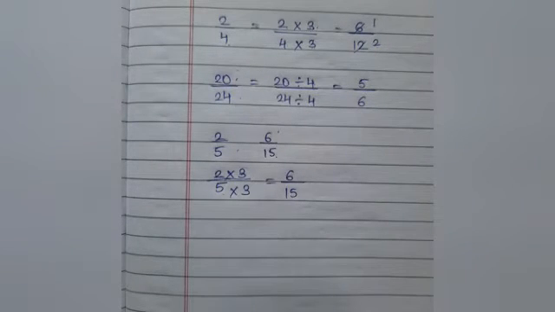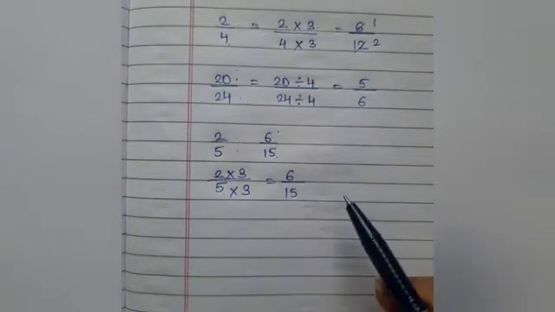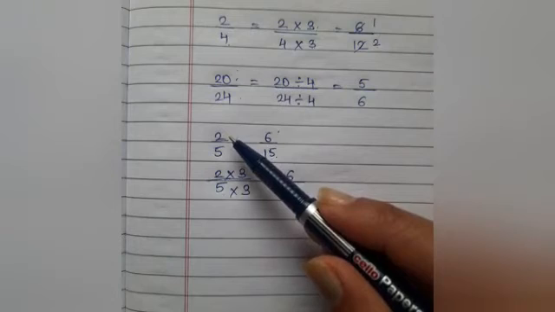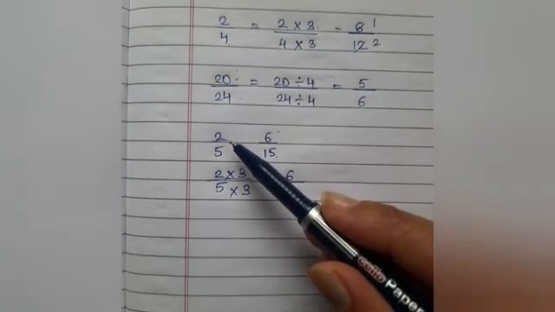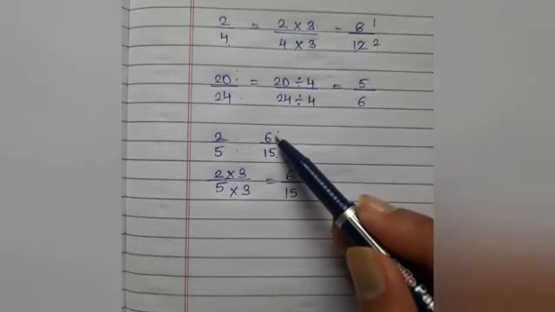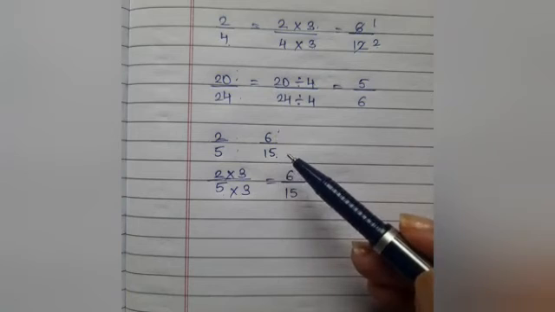Now here we have to understand that in equivalent fractions, the numerator of one fraction is as many times the numerator of the other fraction.